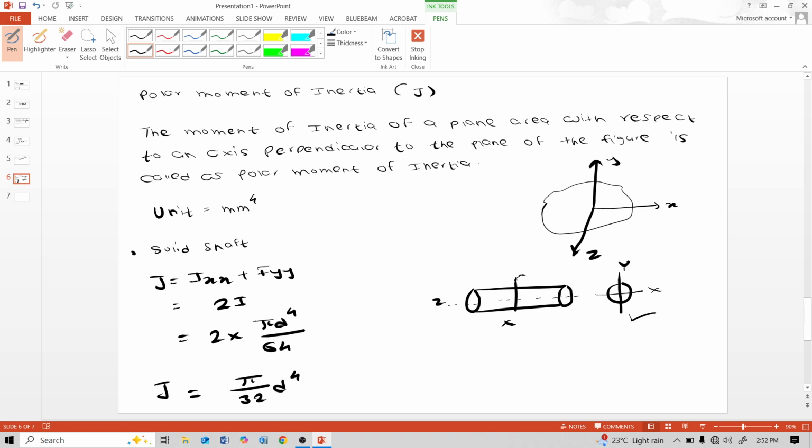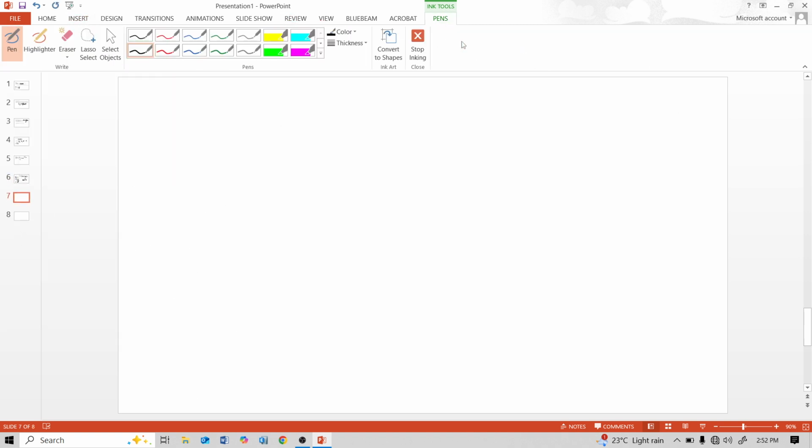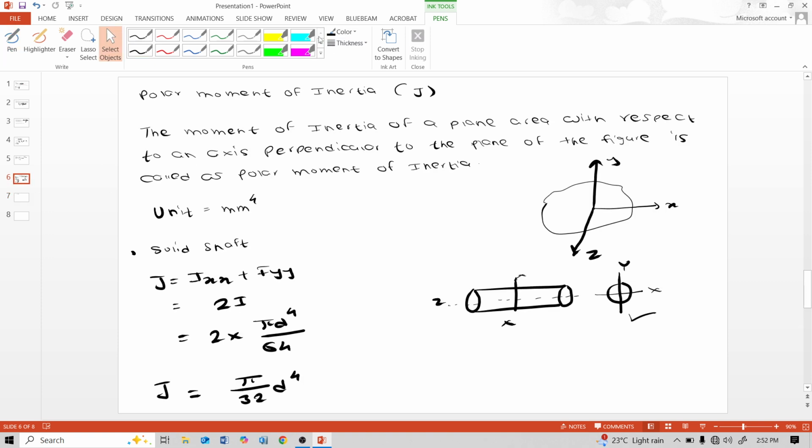Next we will also see the polar moment of inertia for hollow shaft. Here this is a solid circular shaft of diameter small d.